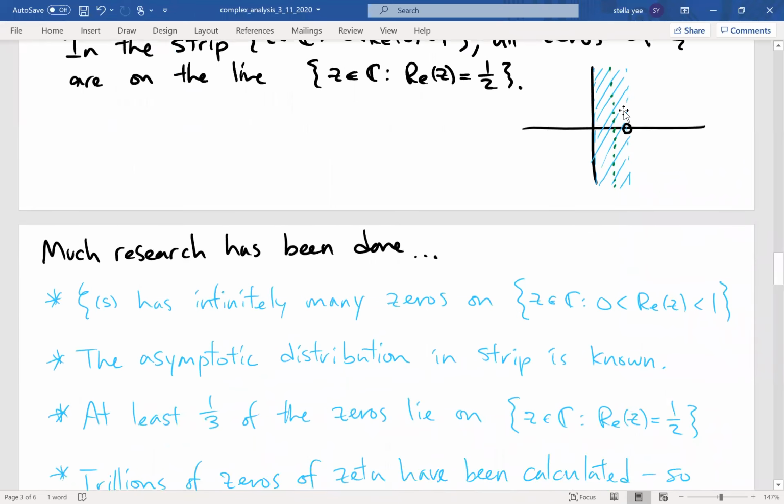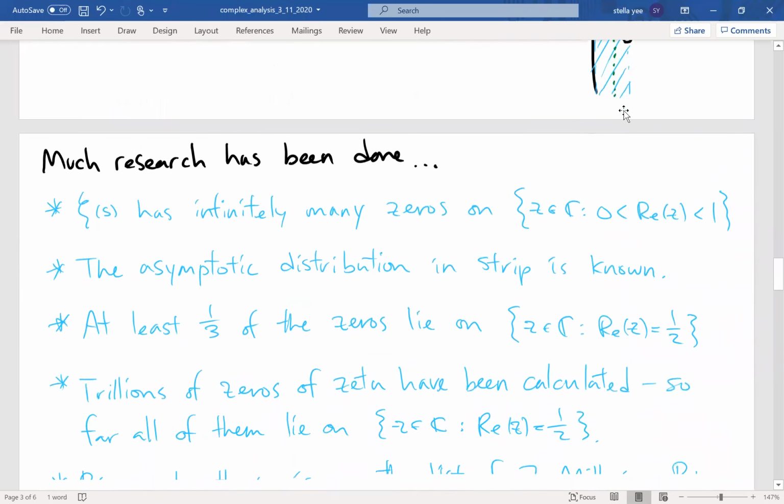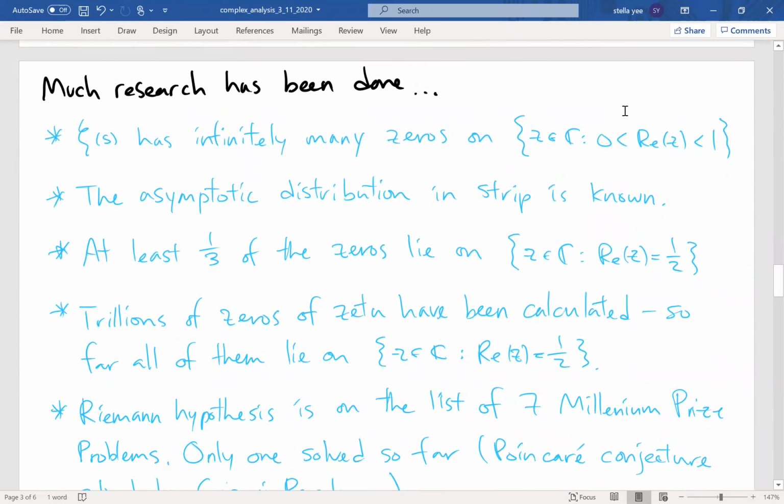Okay, so there's been a lot of research on this topic. So we know that there are infinitely many zeros on that strip. We kind of know the asymptotic distribution, how many zeros there are. That's known.